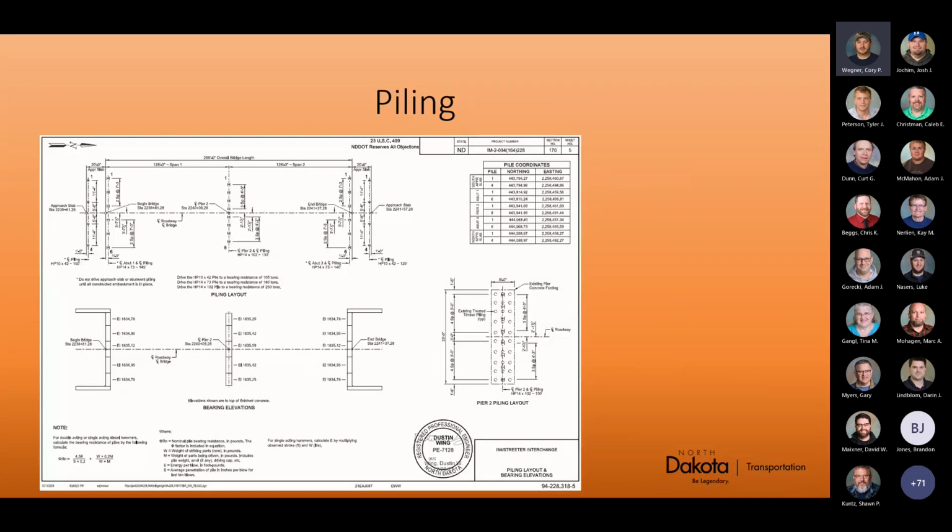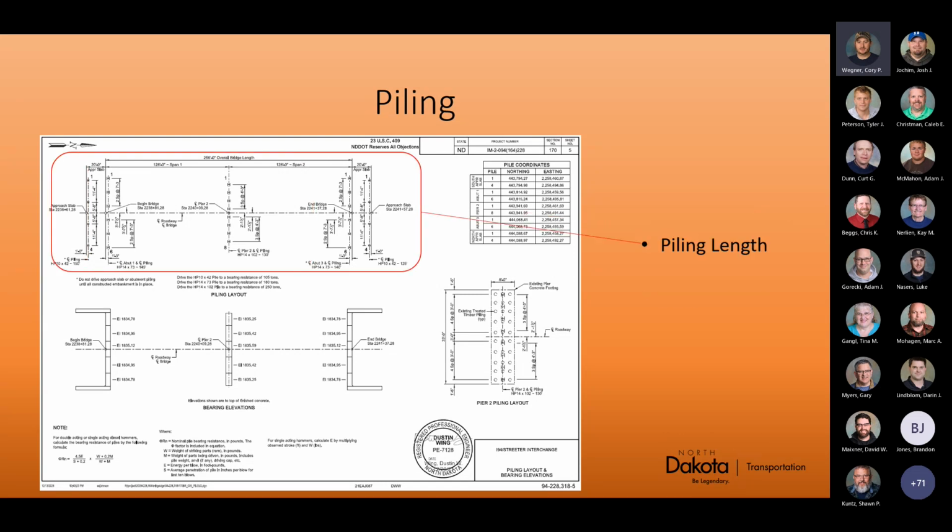So a big thing with a bridge is your piling, because that's your foundation. We support our bridges with that. So if your piling's not right, your bridge isn't right. And here's an example of a plan sheet and a few things that you want to look at.